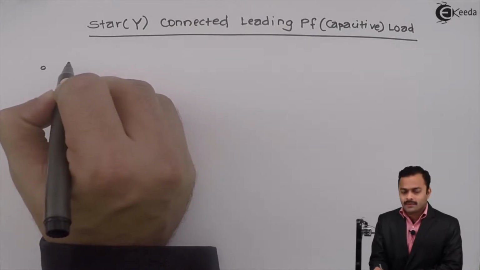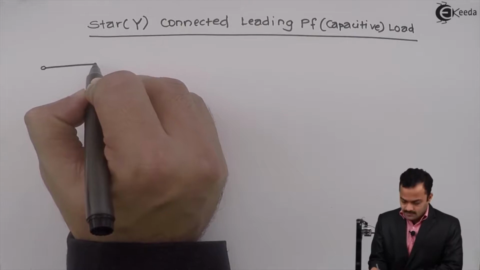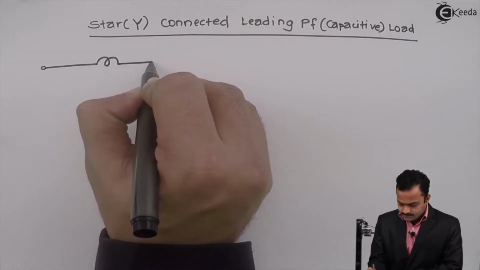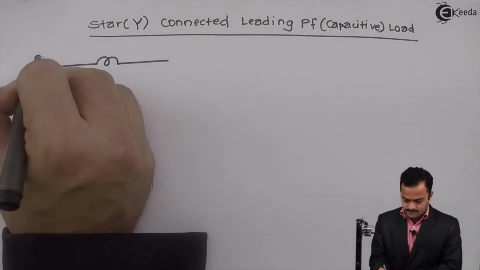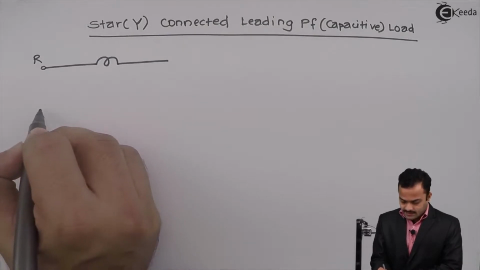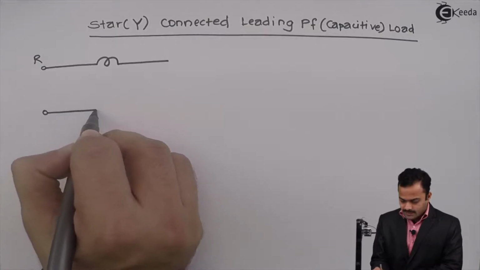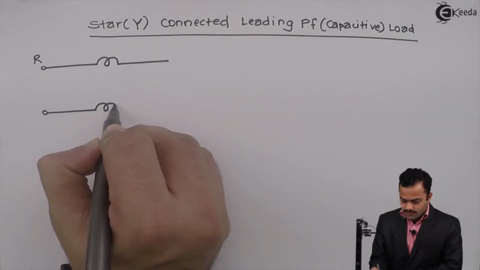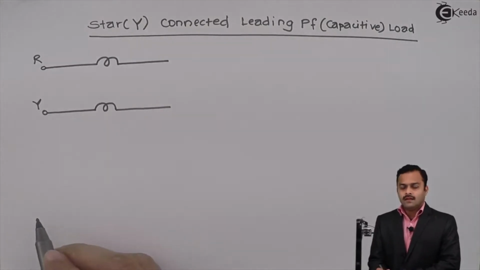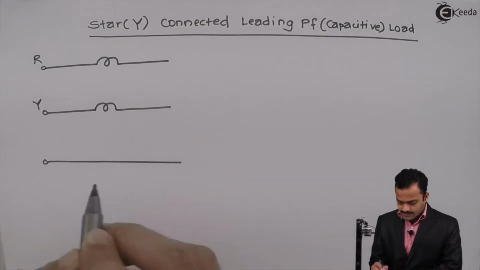So I will connect two wattmeters in such a way that in the R phase, the current coil of the first wattmeter is connected, and the second wattmeter is connected such that the current coil of that wattmeter is in the Y phase, and I will have the B phase like this.